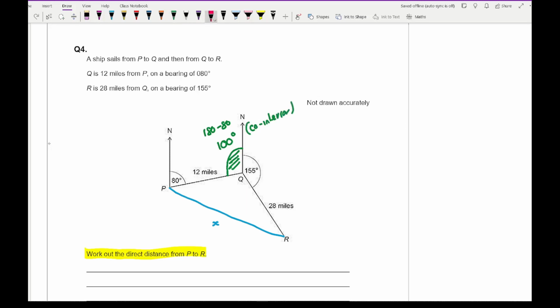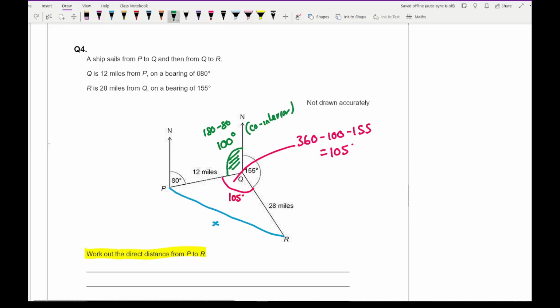Then from that, we can work out this angle here of PQR, because angles around a point add up to 360. So that's going to be 360, take away 100, take away 155, which leaves me with an answer of 105.